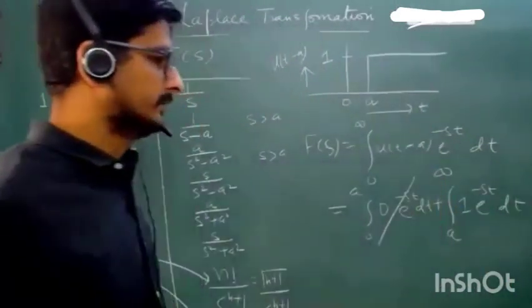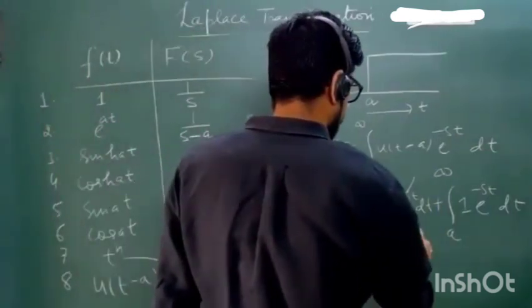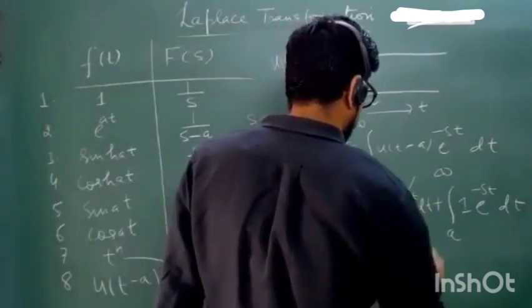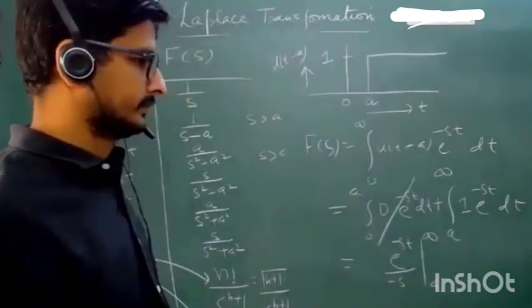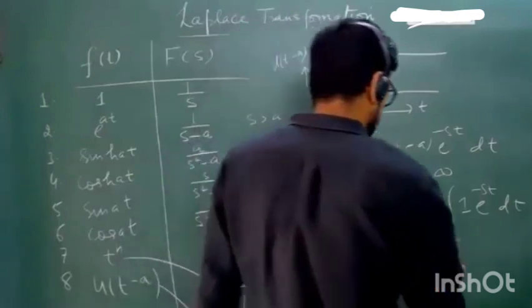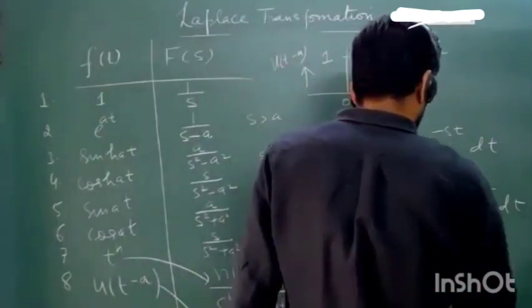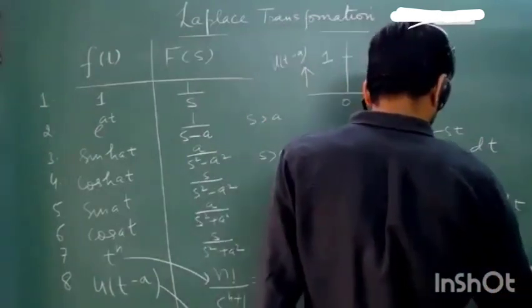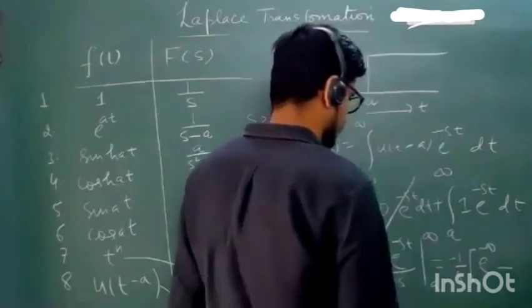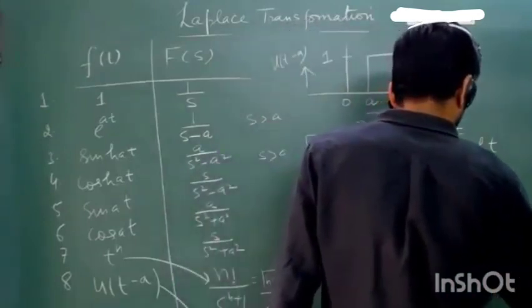This one goes to 0. That one becomes e to the power minus st over minus s, from a to infinity, which is minus 1 by s times (e to the power minus infinity minus e to the power minus as).